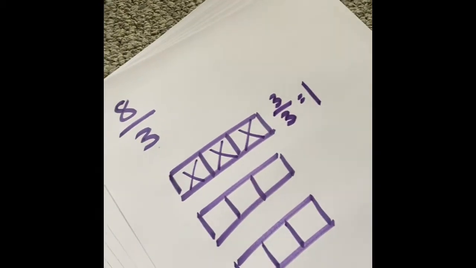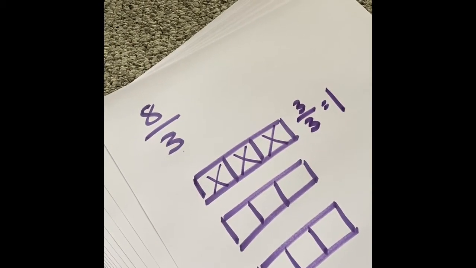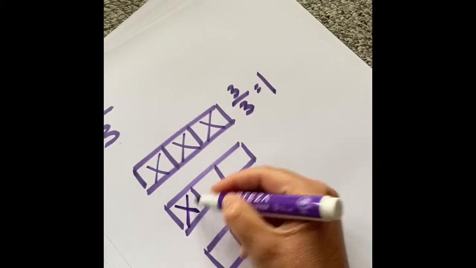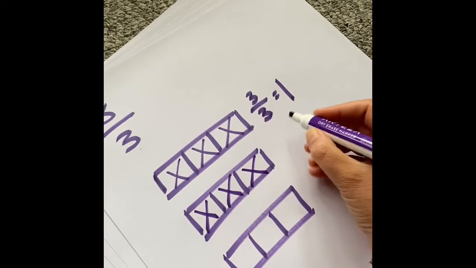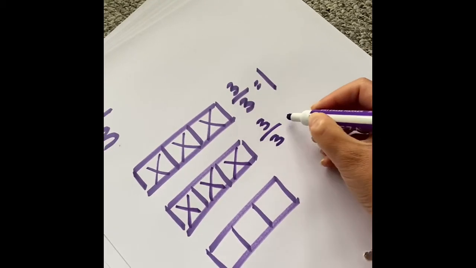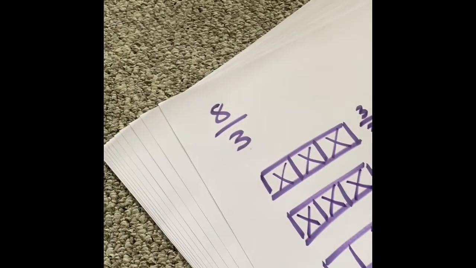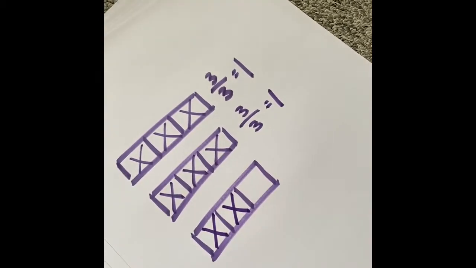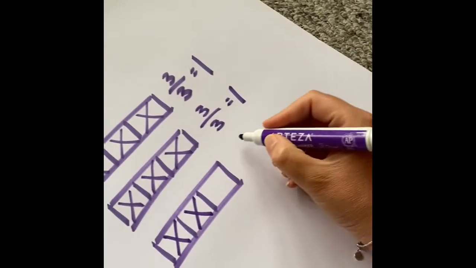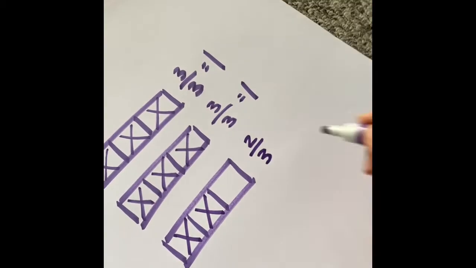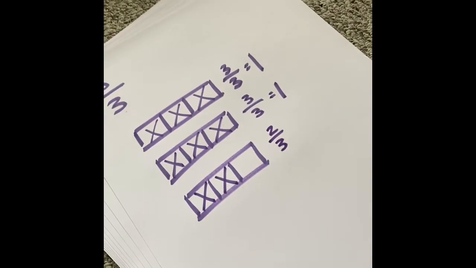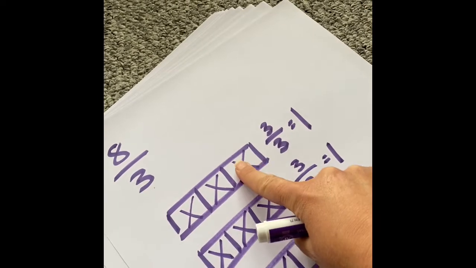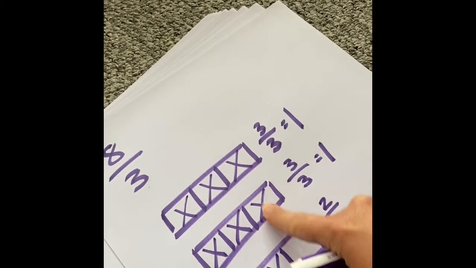I've done 1, 2, 3, 4, 5, 6. I've got another whole. How many more have I got to do? 7, 8. I haven't quite got a whole this time, so I've got 2 thirds.